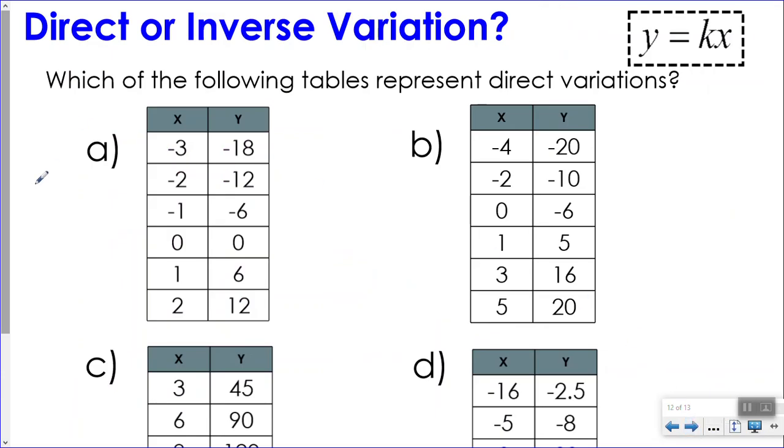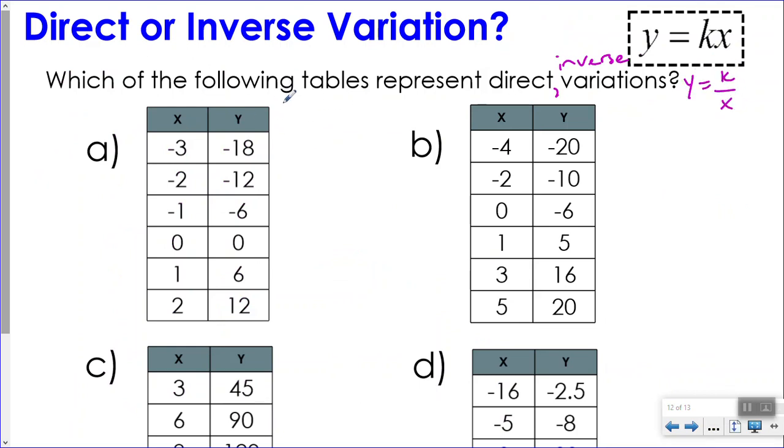All right, so typically what we'll be asked to do with this is to look at a relation and determine whether it is a direct or an inverse variation or neither. So not only which represent direct, but which represent inverse variation as well, and that would be our y equals k over x.